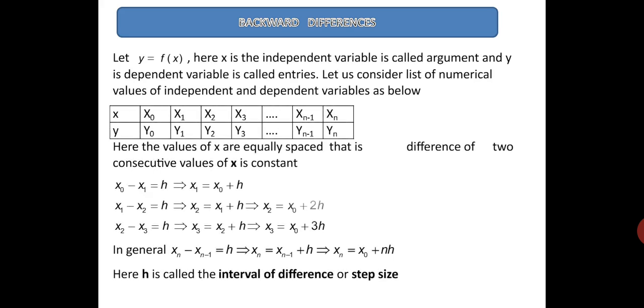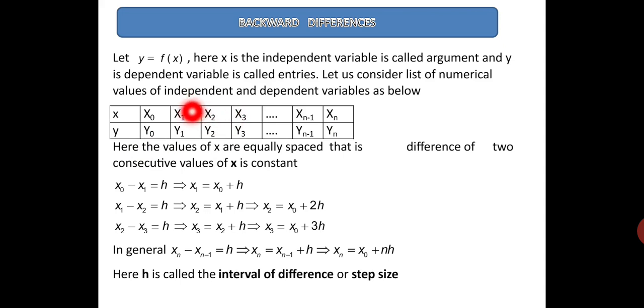So backward difference. Here we require a function y equals f of x, in which x are called the arguments and y are called the entries. To construct that, we have taken some values of x and y, arguments and entries. Now here the x values are such that the consecutive differences of x values are the same.